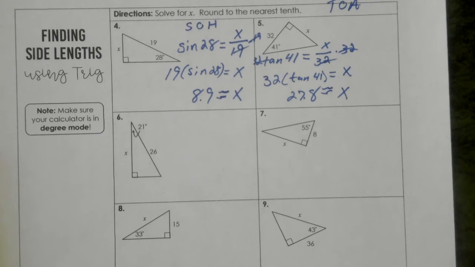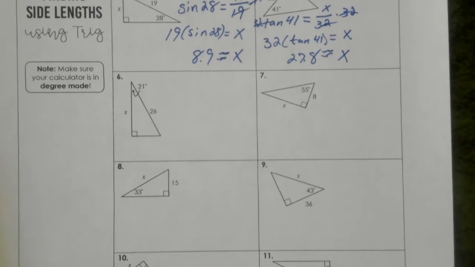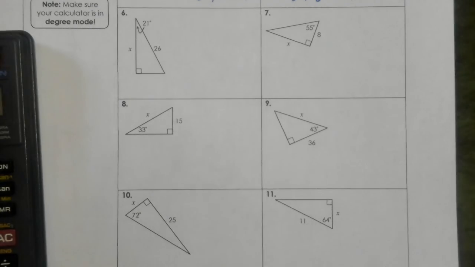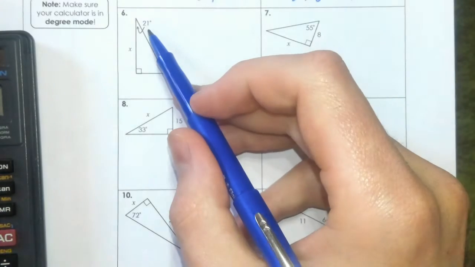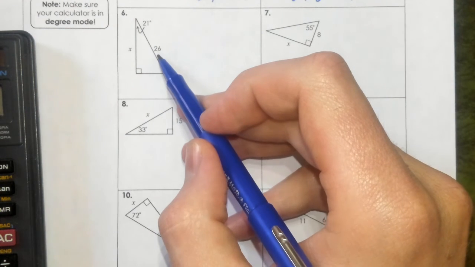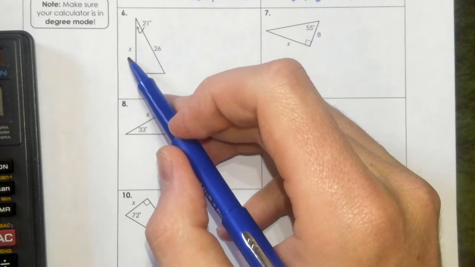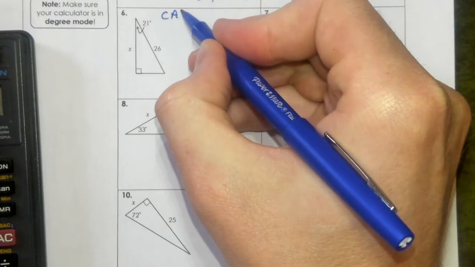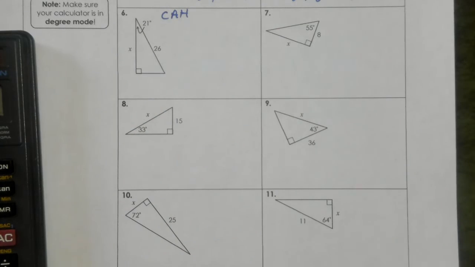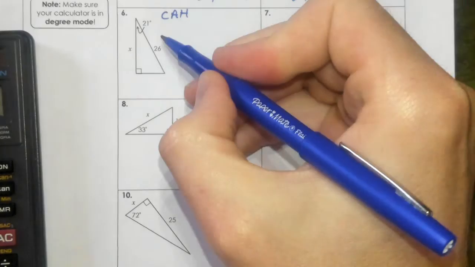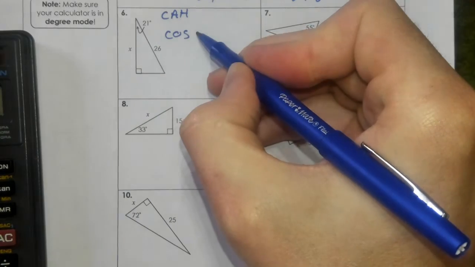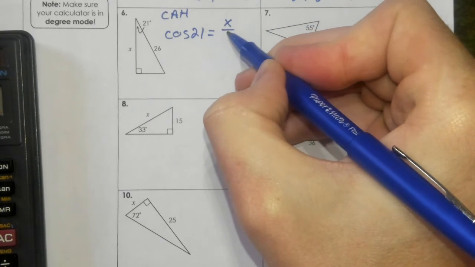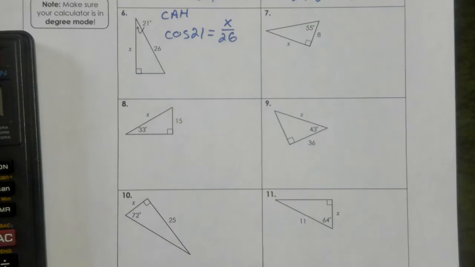Let's see. We'll do a couple more. Let's look at number 6. Okay, so I'm given 21. I have the hypotenuse and a side adjacent to 21. Sounds like cosine to me. Cosine is always adjacent over hypotenuse. So cosine 21 equals x over 26.